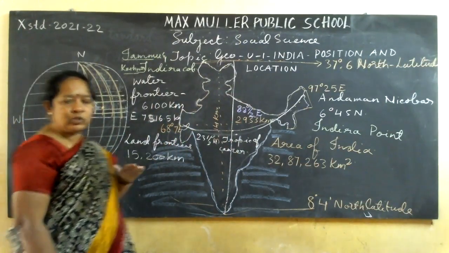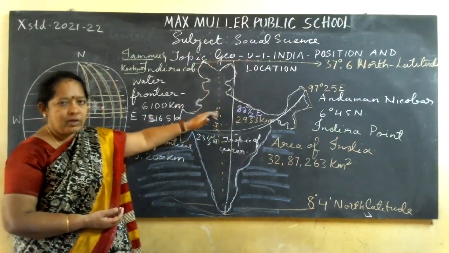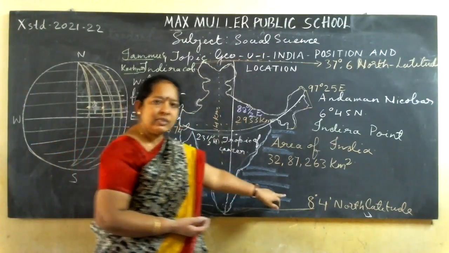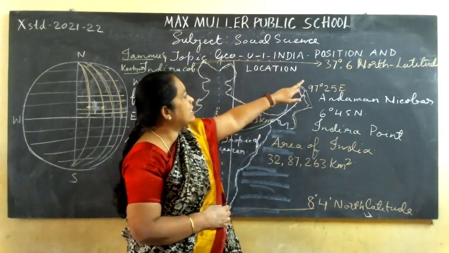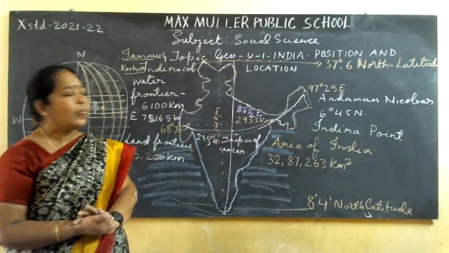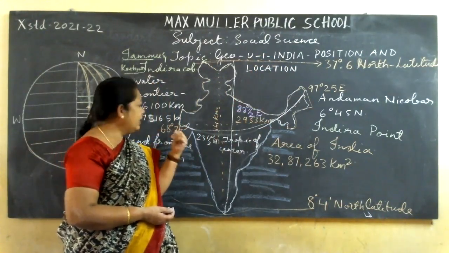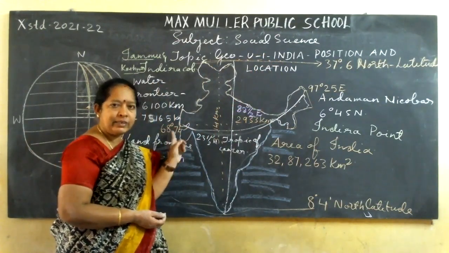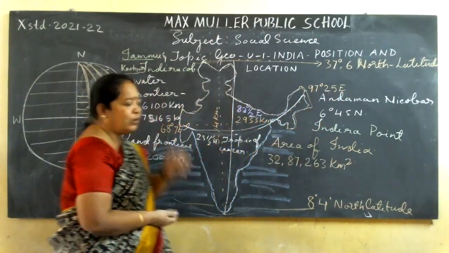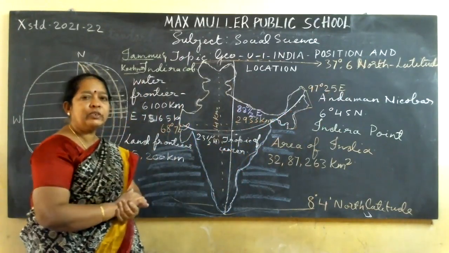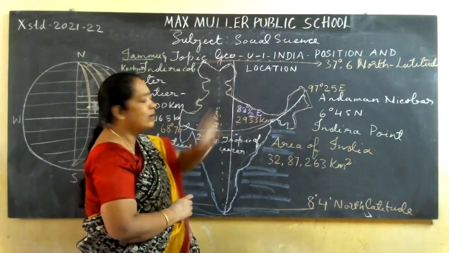Next, the latitudes extend from south to north, from 8 degree 4 minutes north to 37 degree 6 minutes north, and the longitudes extend from 68 degree 7 minutes east to 97 degree 25 minutes east. The important latitude which passes through India is the Tropic of Cancer. It passes from Kutch till Arunachal Pradesh.